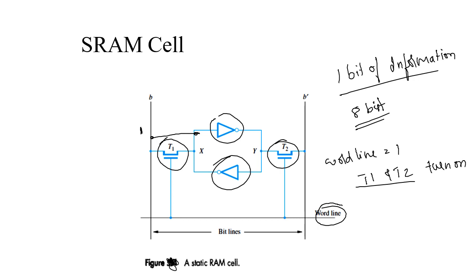If there is a 1, it gets stored; if it is 0, it stores 0 in the cell. Similarly here, the complemented value is stored: if B is 1, B dash will be 0.